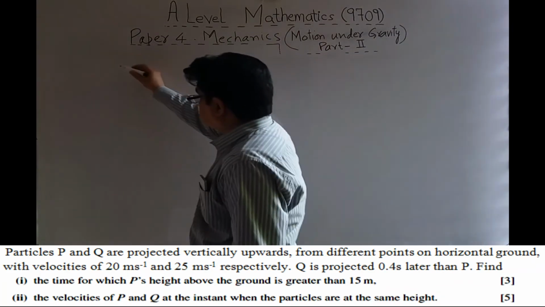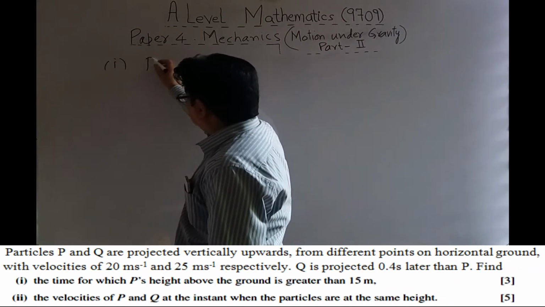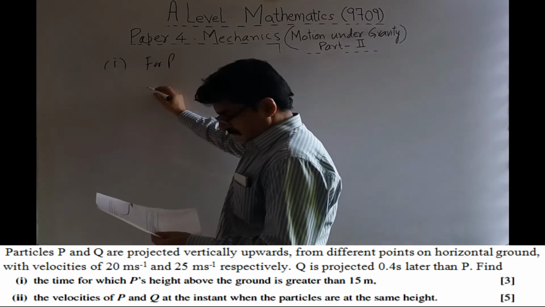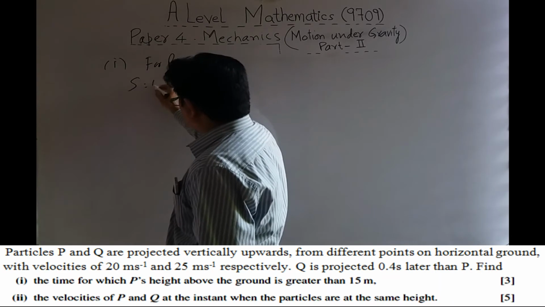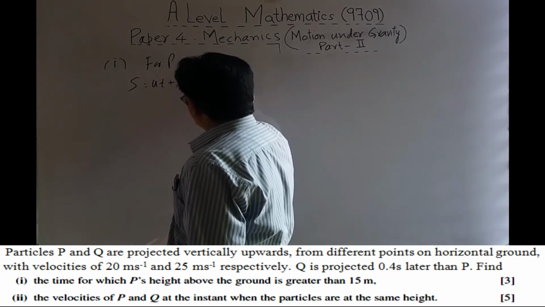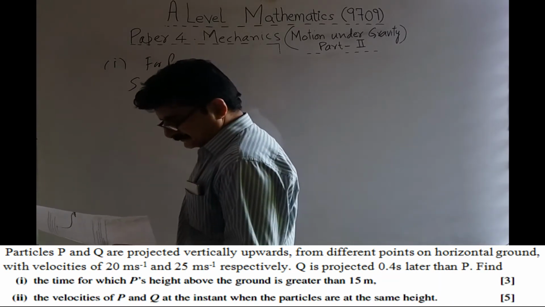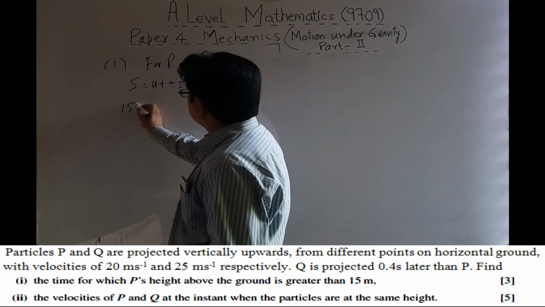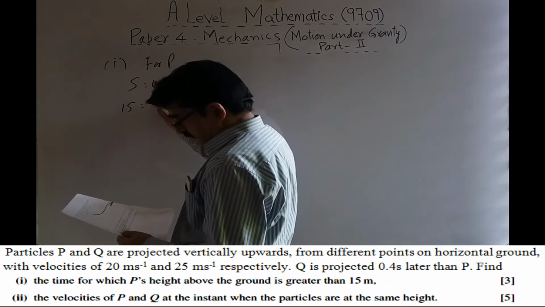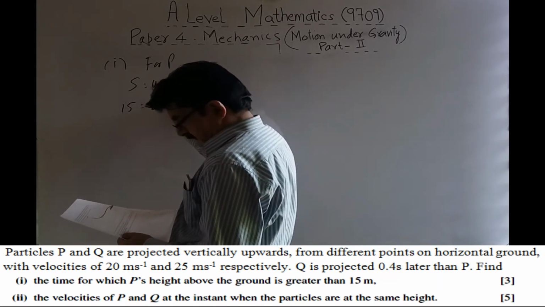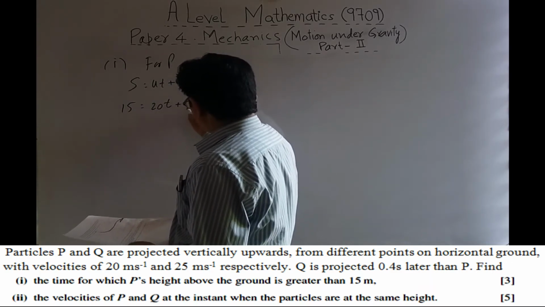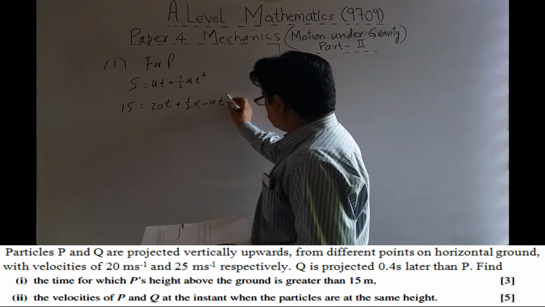Okay, first part. For the particle p, applying the equation of motion, s is equal to ut plus half at square. The distance is given 15, initial velocity is given to be 20, and this is 20t minus, it will be half into 10t square.